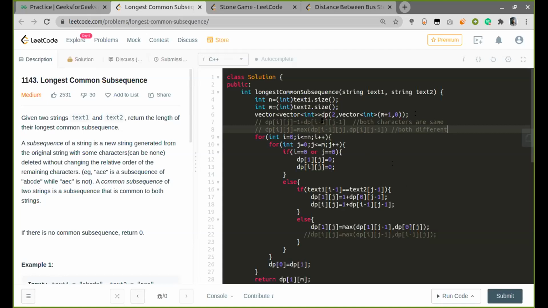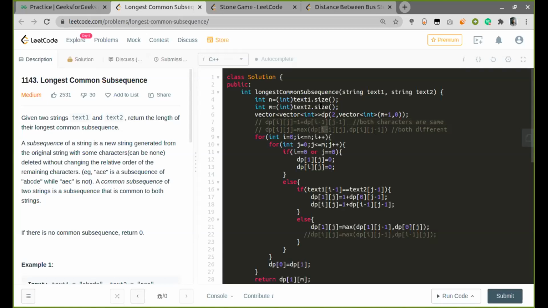Here we see that we just need the previous recurrence information, which will be stored in the i minus 1th vector. So if I am at the ith iteration now, I just need the i minus 1th, that is the top row values. Yeah, okay, the same.